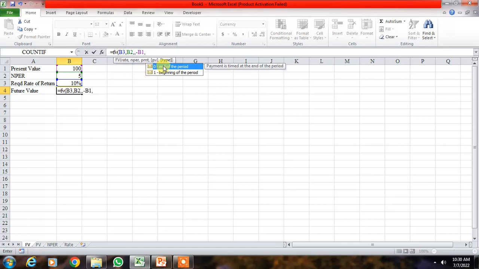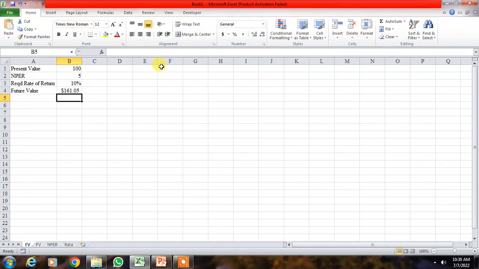By type it means that you are investing this amount at the end of the period, or at the beginning of the period, which we mostly call an annuity due or an ordinary payment. So in this case I am taking the example of the investment by the end of the year. So for the end of the period we click on 0 and now enter it. Now it shows you the future value if you invest $100 for 5 years.